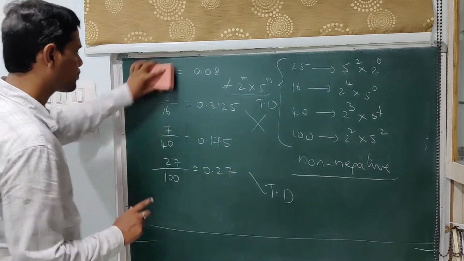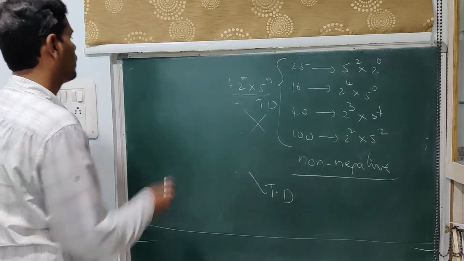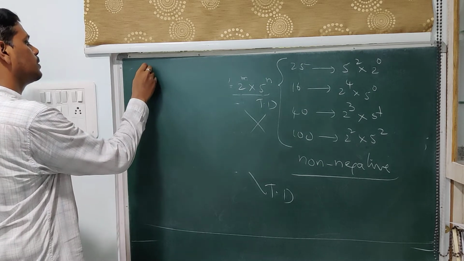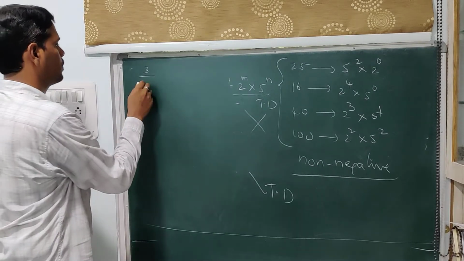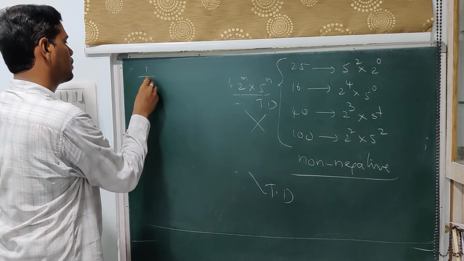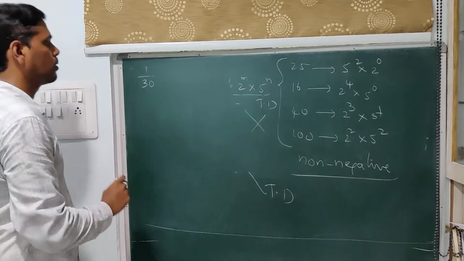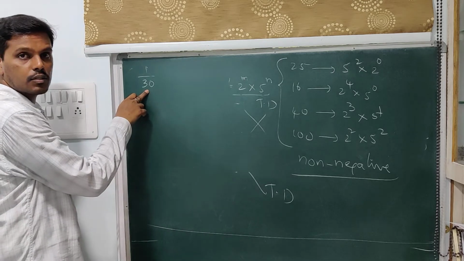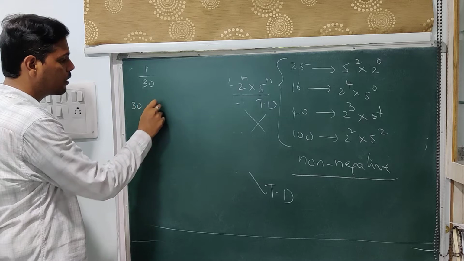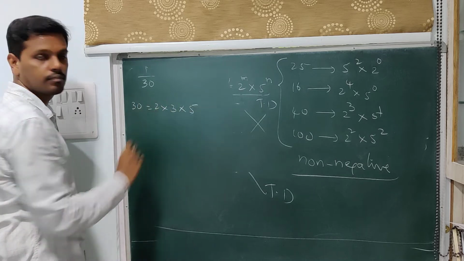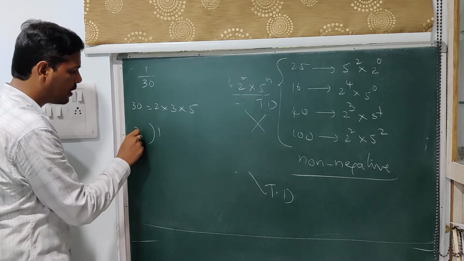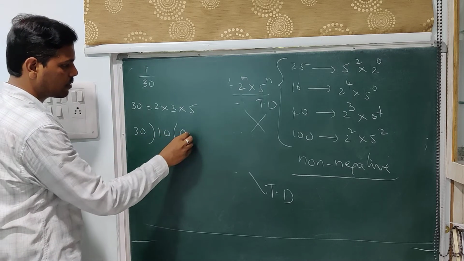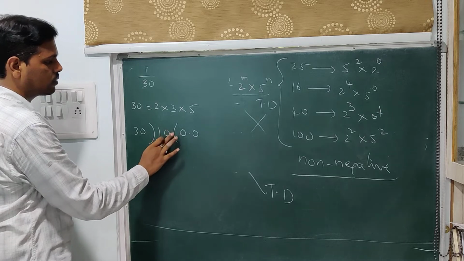For example, say 1 by 30. If you do the prime factorization for 30, you will have 2 into 3 into 5. Now divide it. 1 divided by 30 point, this is still less than this, so take 0 times, so then 0.